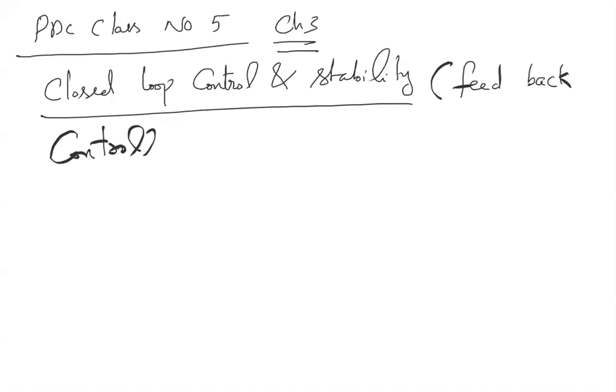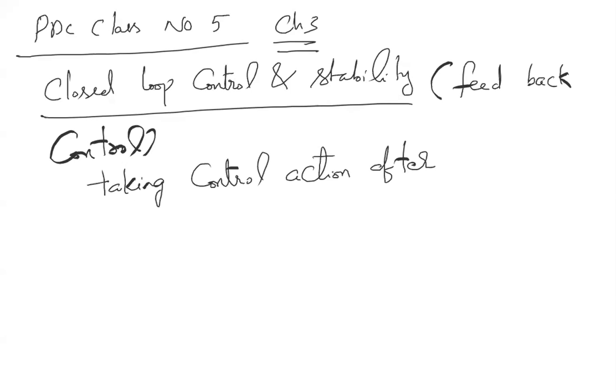So what is a feedback control? Feedback control means taking control action after disturbance affects the process.